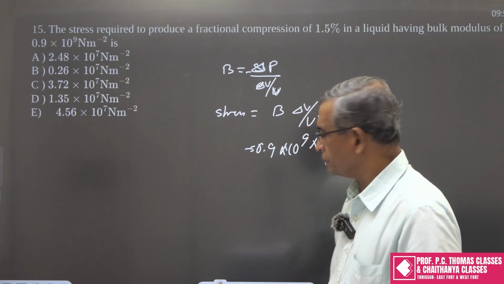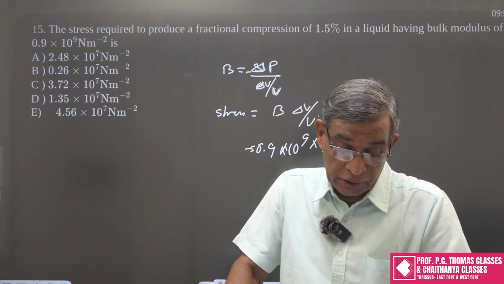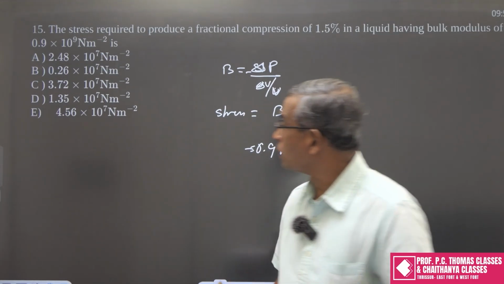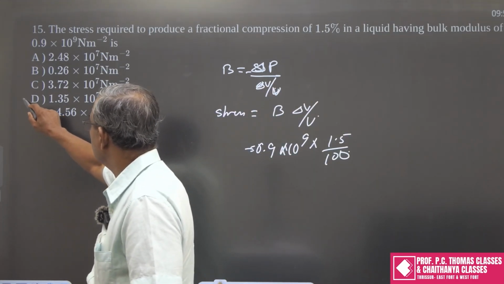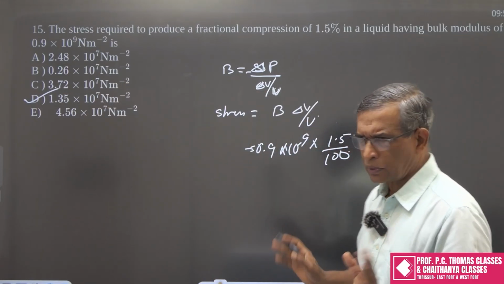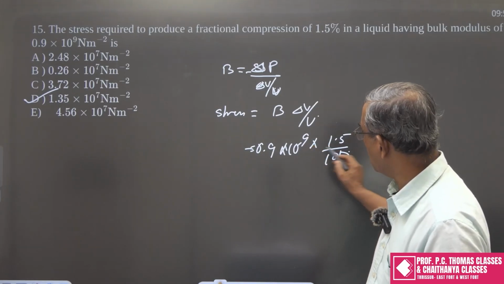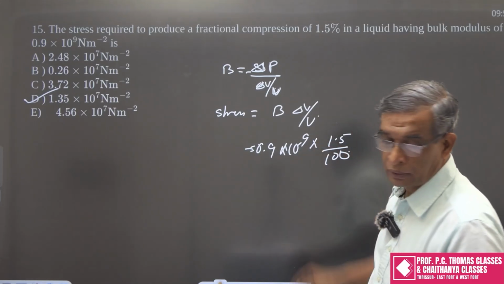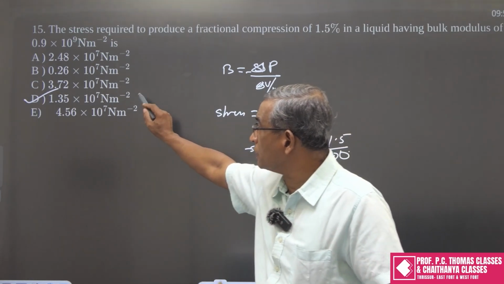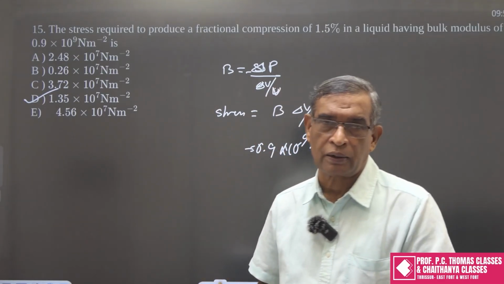Now multiply and get the answer. On multiplication, 9 into 1.5, simple multiplication. This is equal to 10 raised to 9, cancel out 10 raised to 7. And therefore the value is equal to 1.35 into 10 raised to 7. That is our option. Direct substitution in the formula.